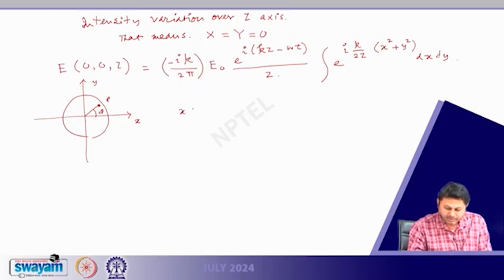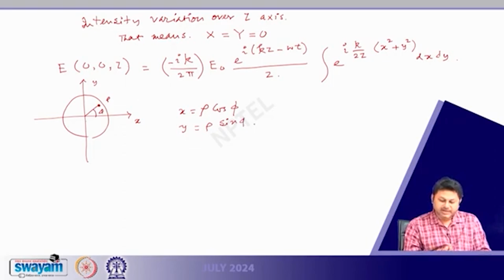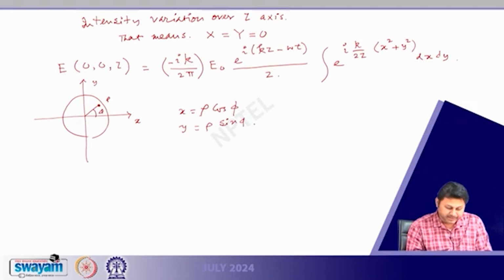So x can be simply rho cos phi and y can be simply rho sin phi, such that x square plus y square becomes simply rho square. And the area will be rho d rho d phi.